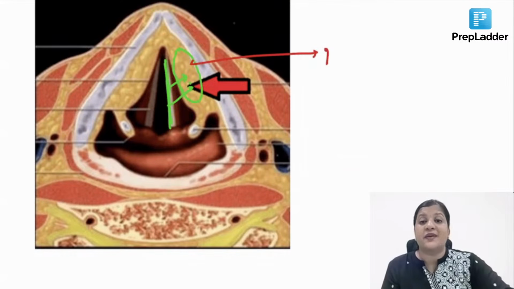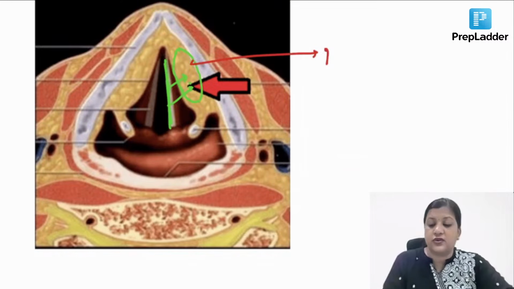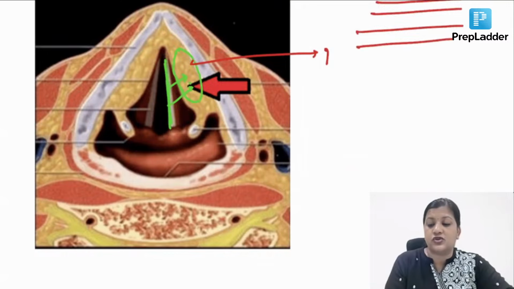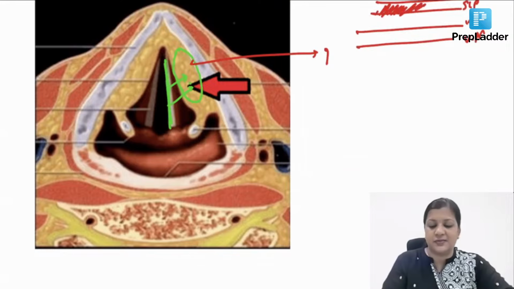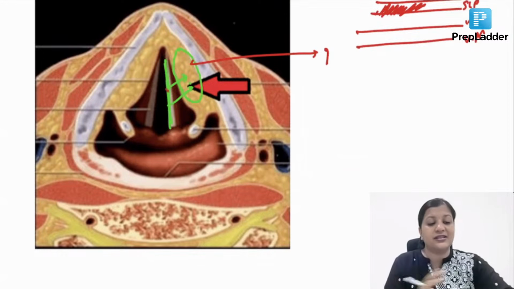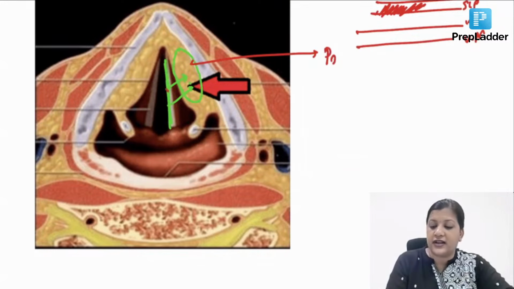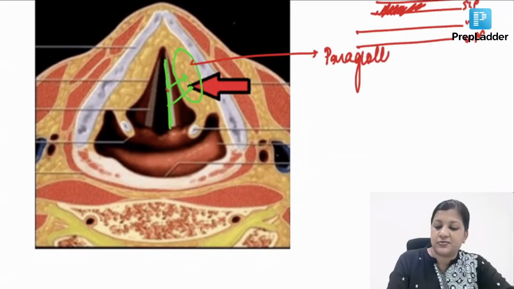Reinke's edema is a space within the vocal cord. So the vocal cord has 4 layers: epithelium, superficial lamina propria, vocal ligament, and vocalis muscle. Between the epithelium and superficial lamina propria, we call that Reinke's space. It is only within the vocal cord, but this is on the side of the vocal cord. We call it the paraglottic space.